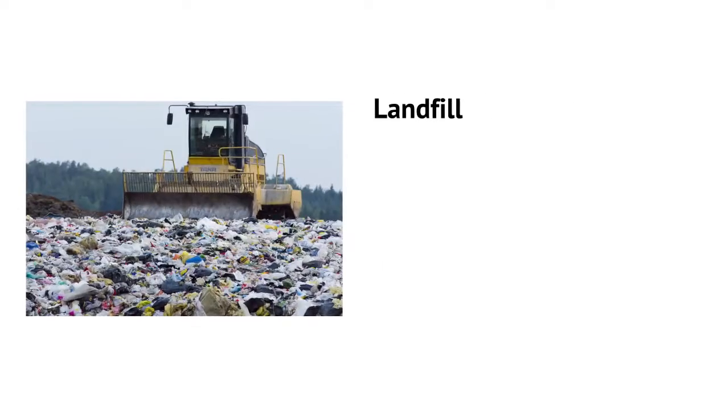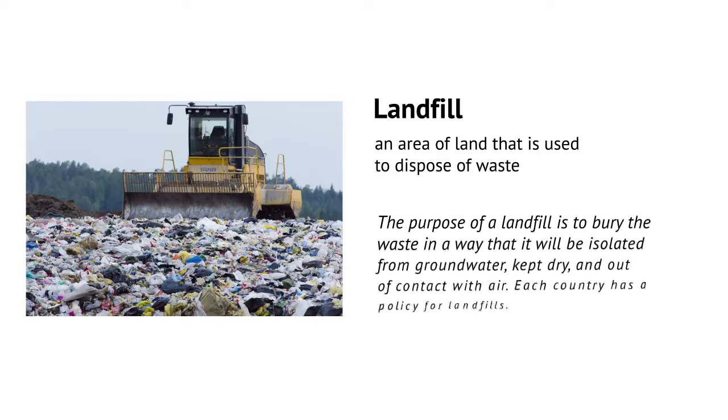Well, let's move on. Landfill. Landfill is an area of land that is used to dispose of waste. Example: the purpose of a landfill is to bury the waste in a way that it will be isolated from groundwater, kept dry, and out of contact with air. Each country has a policy for landfills.